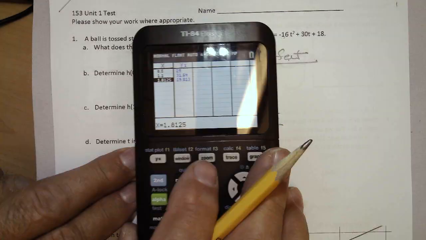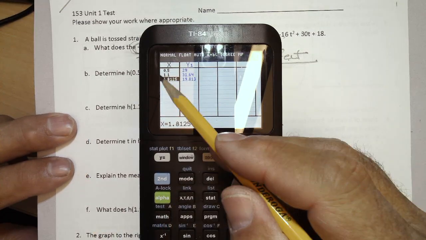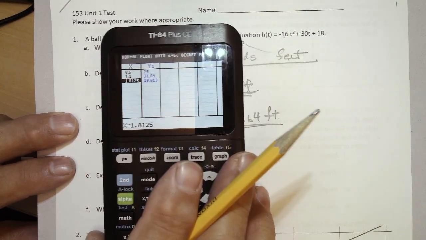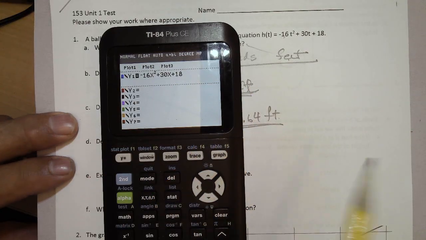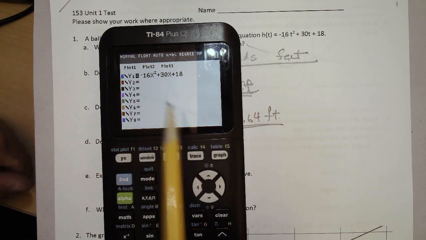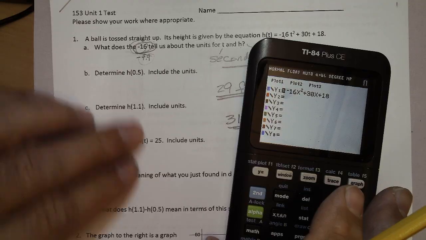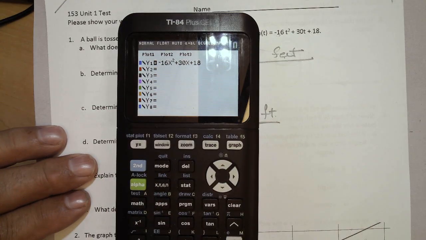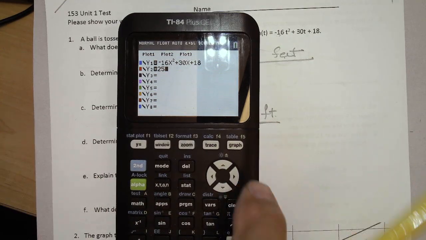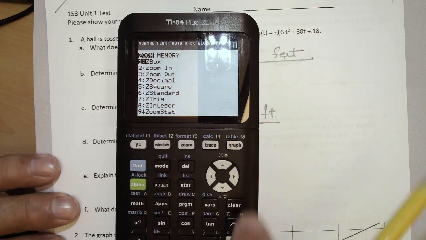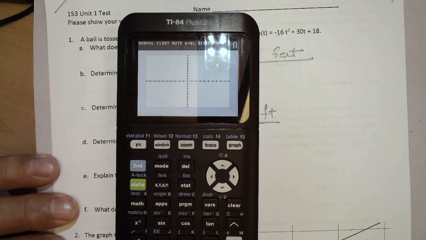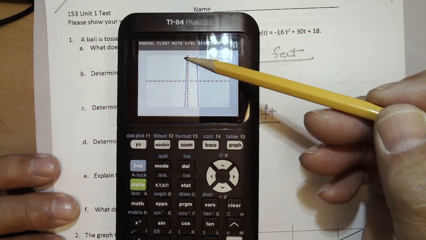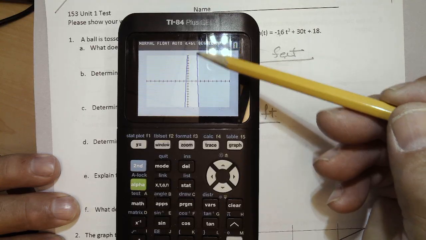Then I have to decide what will make 25. Well, I could sit here and guess, but I can also go to, and you can do this on Desmos also, write y equals 25. Then if I graph on a calculator, I can go zoom 6, and this object went up and then came down.